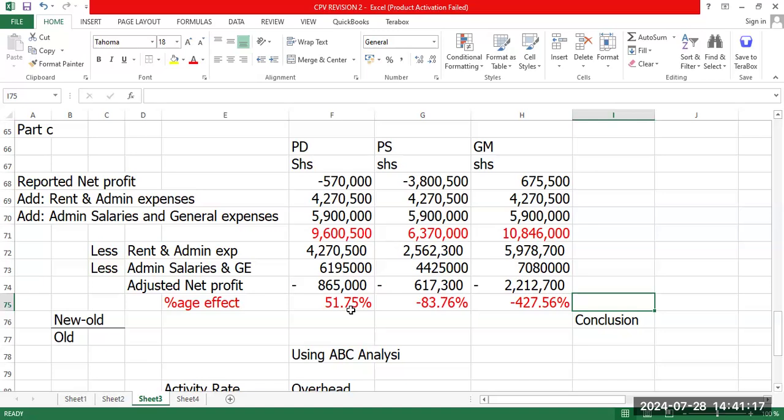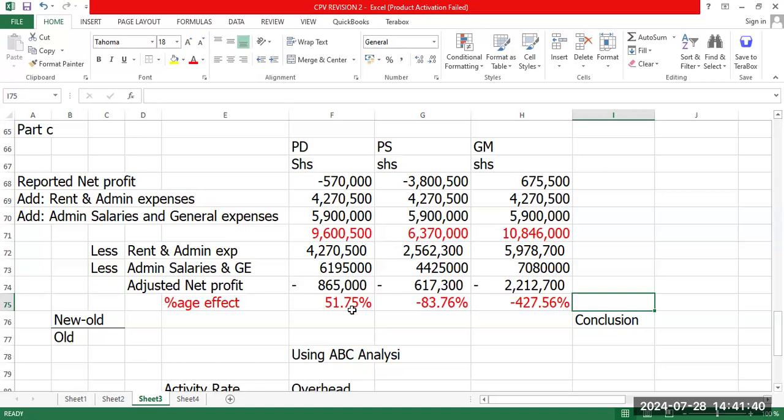PS department proved to be the best performing department when its loss reduced by that percentage, while that of PD increased by 51.76%.